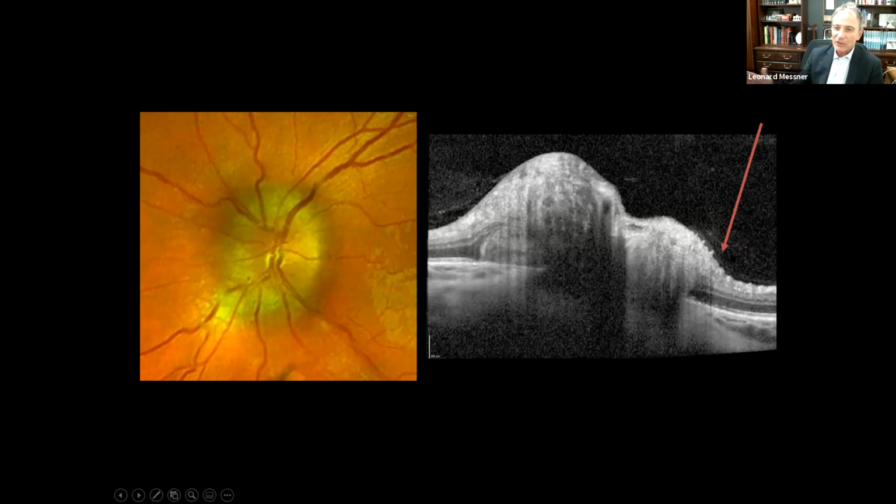If you ask the individual to abduct the eye, where there's more of a straightening of the optic nerve, and more of an even distribution of the fluid, these folds will typically dissipate or go away entirely. But again, this is a fairly reliable finding among many individuals with papilledema.